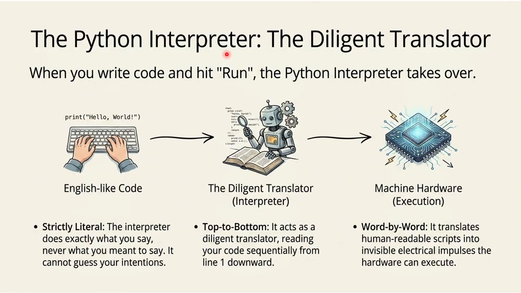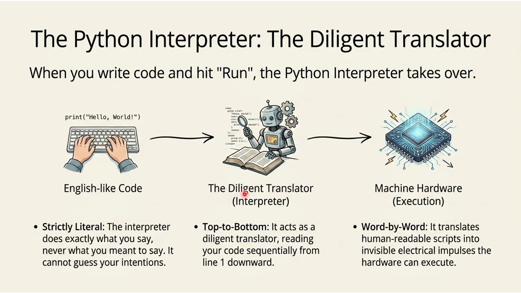So here we have now the Python interpreter, which is our diligent translator. It's written, when you write code and hit run, the Python interpreter takes control. You have typed your code in plain English, like here print hello world. What does this translator do?